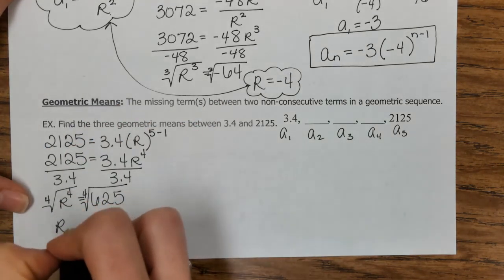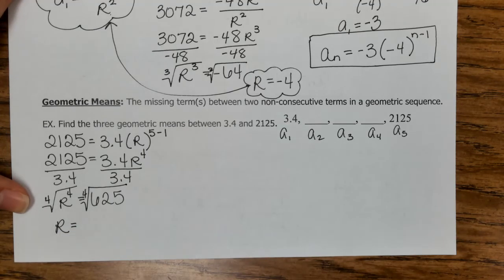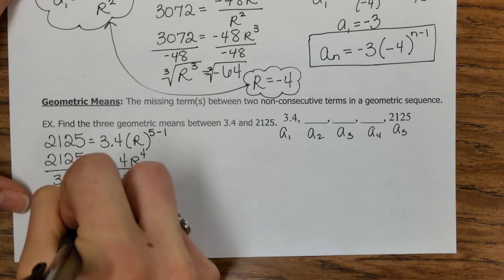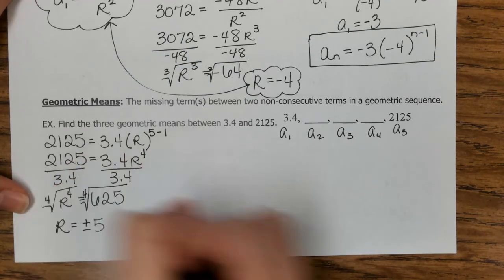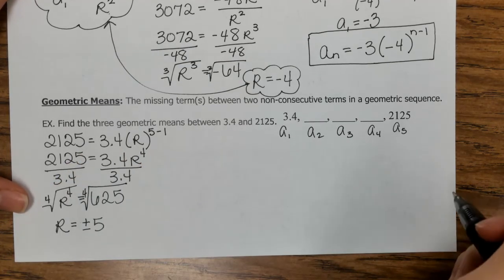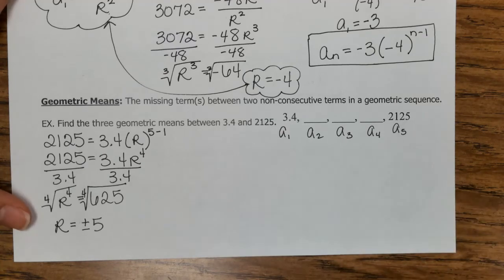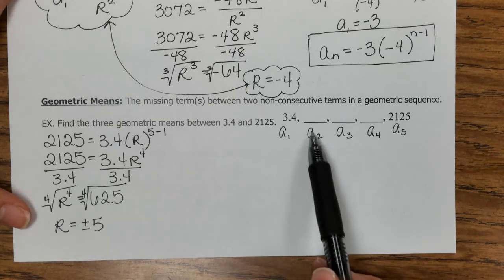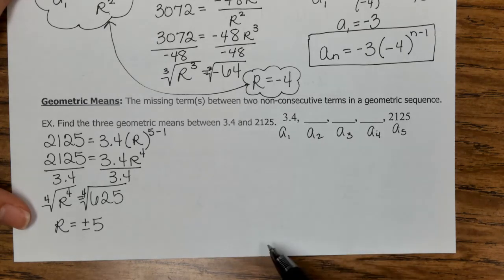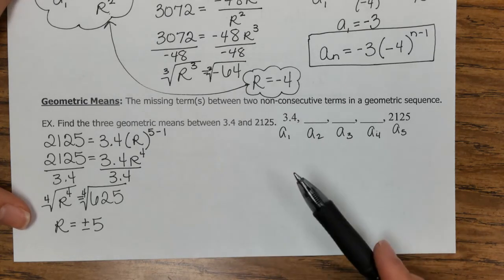Now, do you remember what happens when you take the even root of a positive number? Plus or minus. So this is really plus or minus 5. Okay, so what you're going to have to do is find the geometric means when your common ratio is positive 5, and then find the means whenever your common ratio is a negative 5.